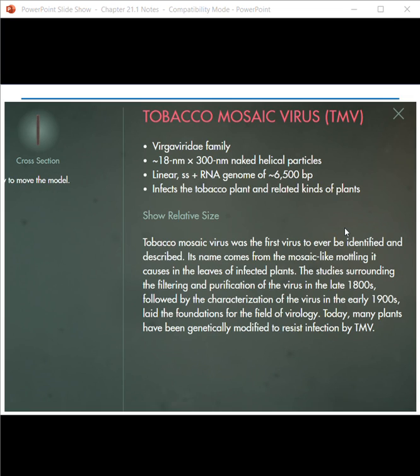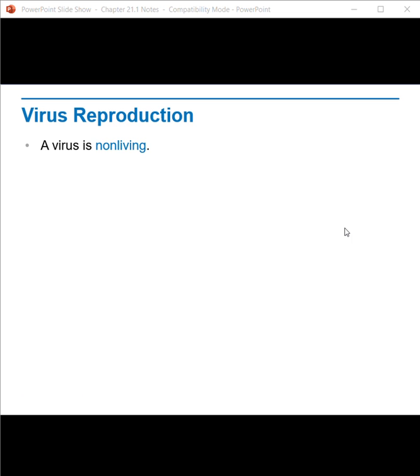We're going to skip ahead to where we just came from, and boom. All right, so a virus is a non-living thing. American biochemist Wendell Stanley is the scientist who isolated, or separated, crystals of the tobacco mosaic virus, or TMV.